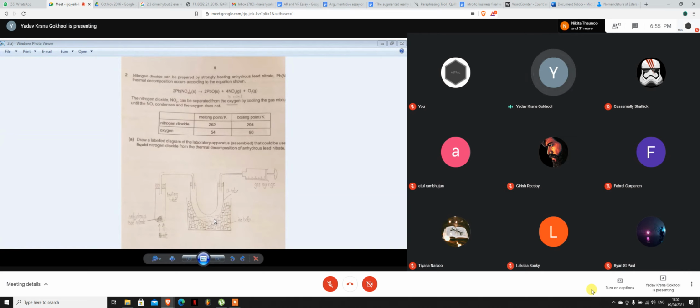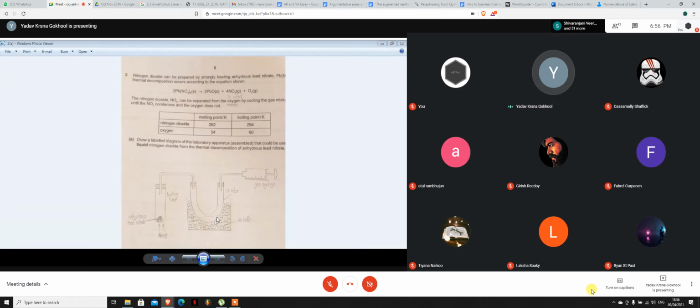Here I would like you to label this part as liquid nitrogen dioxide, just for your own sake. Here the delivery tube, liquid nitrogen dioxide, and here oxygen gas is collected, because oxygen is going to remain as oxygen gas.